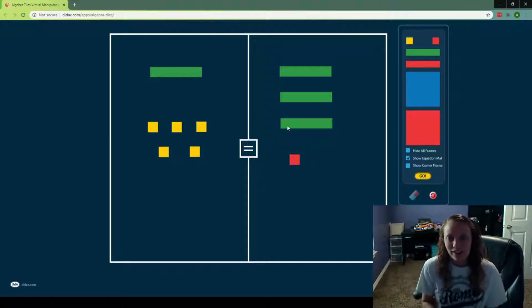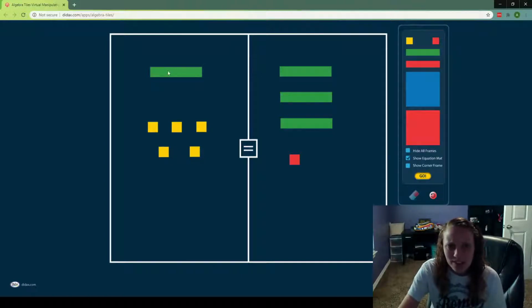Our goal is to get the x's all on one side and by themselves. So I want to get rid of this single x and somehow bring it over here to the other side. And this is a positive 1x, and so if I wanted to cancel that out, I would add a negative 1x to it. Positive 1 minus 1, that cancels out to 0.